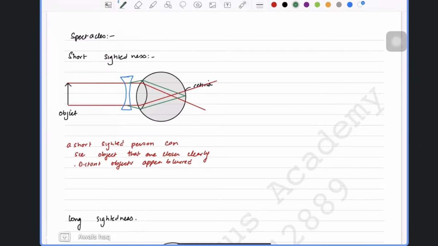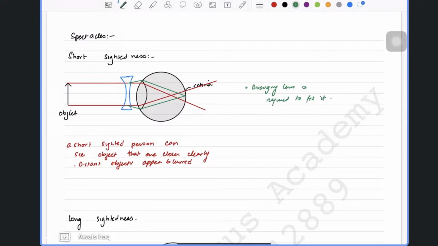Is it clear? So a diverging lens is required to fix it. Most of us have this issue, and older people have a long-sighted issue.